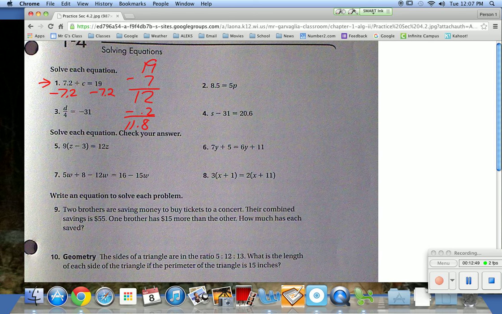Number 2, Fletcher. As soon as you're done there. I don't think you did that right. Divide by 5 on both sides. So it is done right.